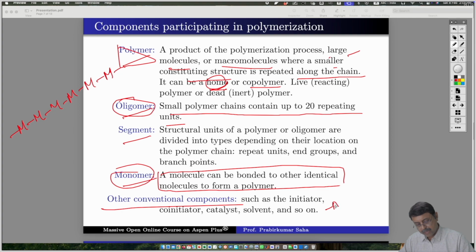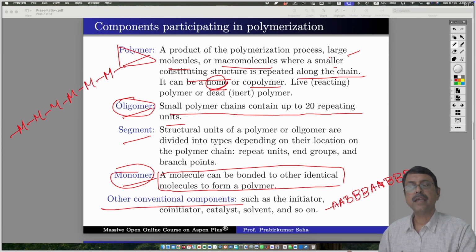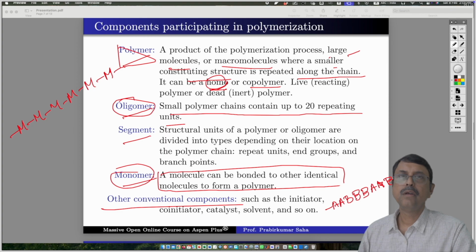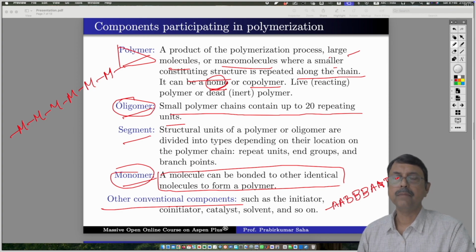Suppose monomer A is coming twice, and then monomer B is coming thrice. Then again monomer A is coming twice, then again monomer B is coming thrice, and this combination continues. So it is a polymer chain which consists of two monomers followed by three monomers, and this AABBB forms a unit, and this unit is repeated. In other words, the copolymer is built with two or more monomers. So this is called a copolymer.